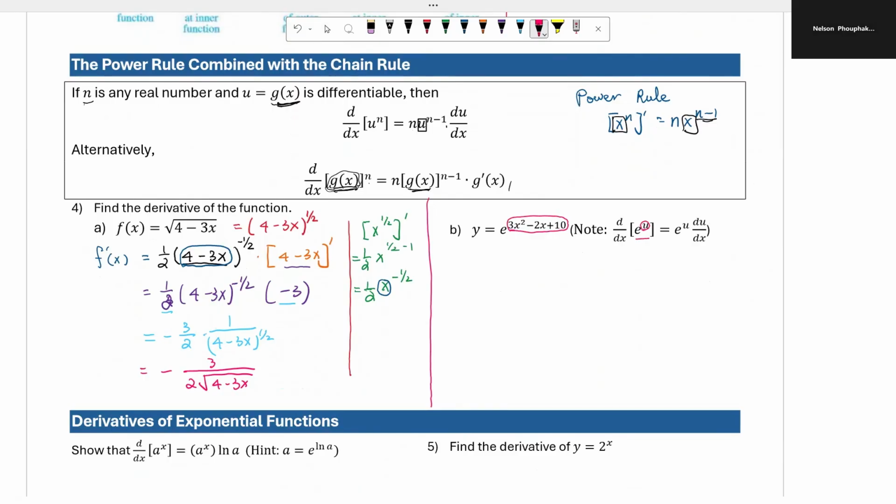Then with the chain rule, it will be e to the u times u prime. So in this case, my answer to this one, y prime, is e to the u multiplied by u prime.